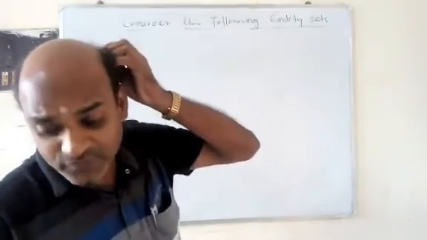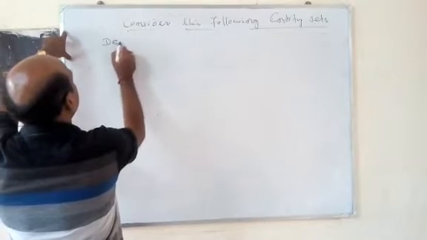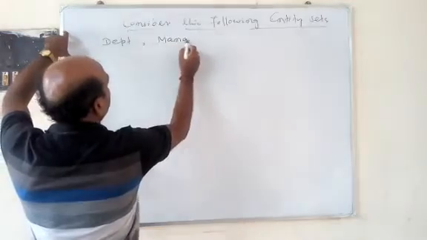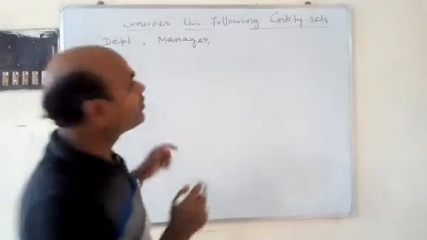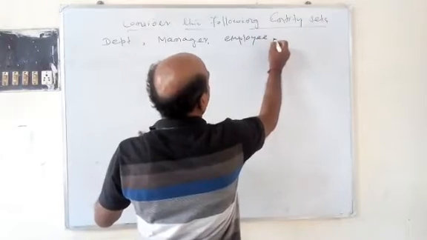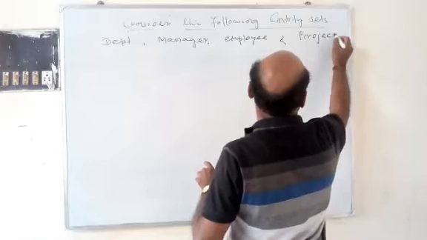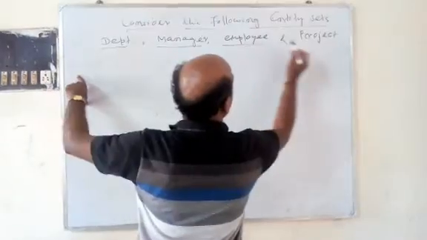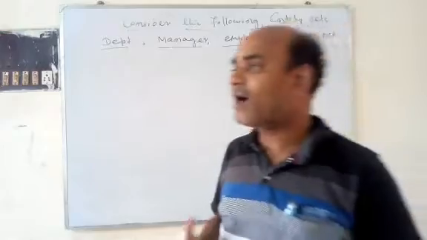So let us consider some entities: department, manager, employee, and projects. These four entities we are considering to show how they are related.